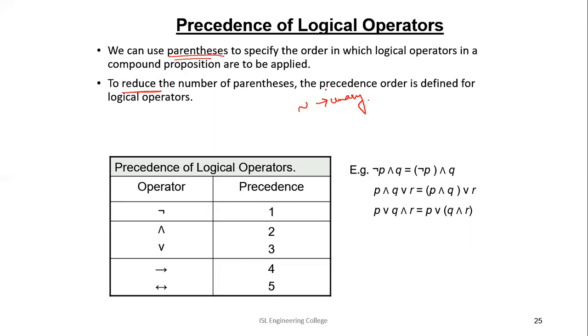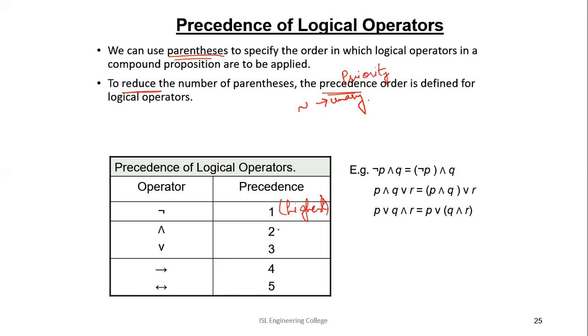So we have to reduce the number of parentheses. In that case, precedence or giving priority to the logical operators is important. So the rule in precedence is that the negation operator is applied before all other operators. So negation operator has the highest priority, which is 1. Another general rule is that conjunction will be applied before disjunction.